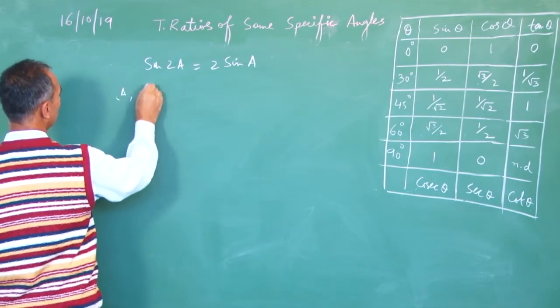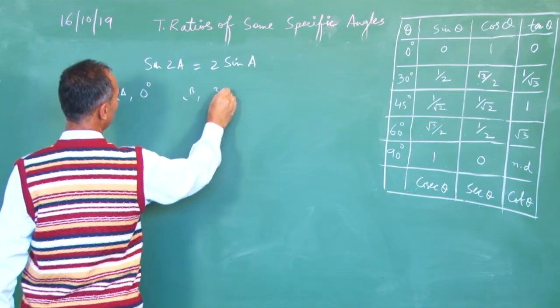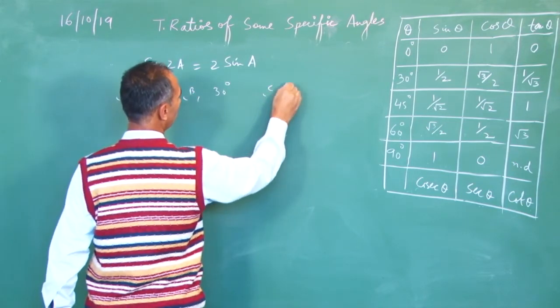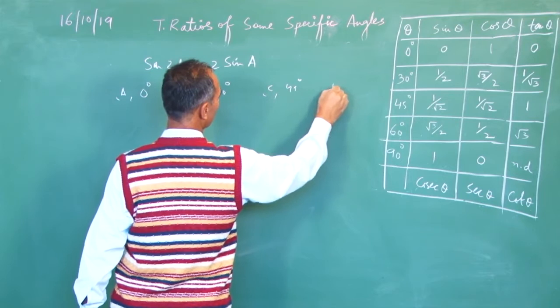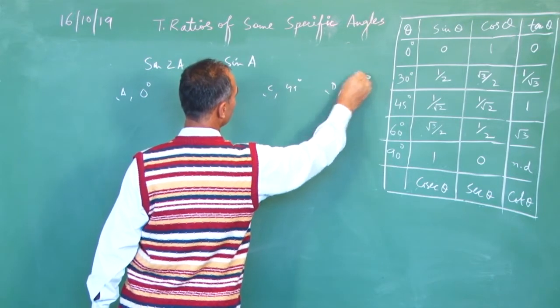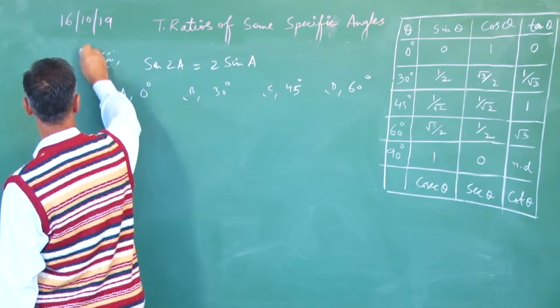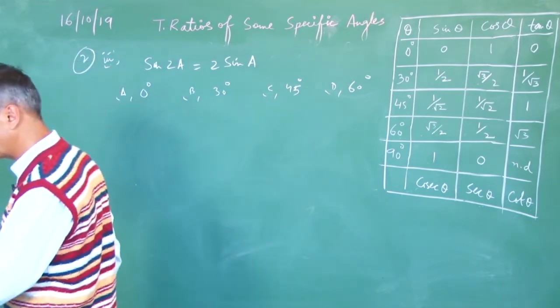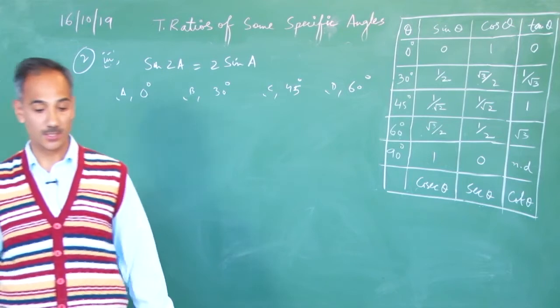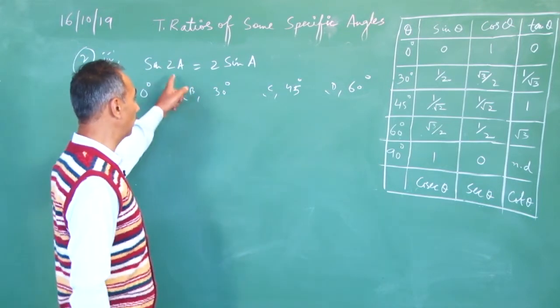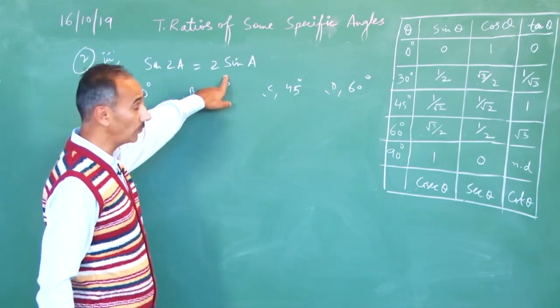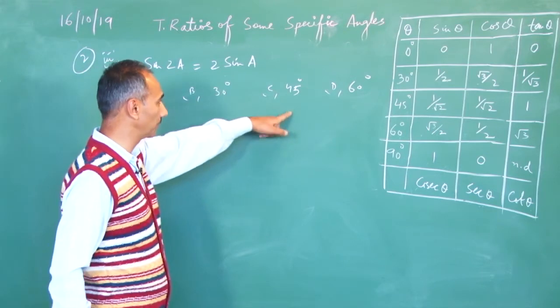A is 0, B is 30, C is 45, and D is 60 degrees. This is part 3, question number 2. That means sine of 2A is twice sine A. This is a trigonometric equation. This is true for what value of theta?